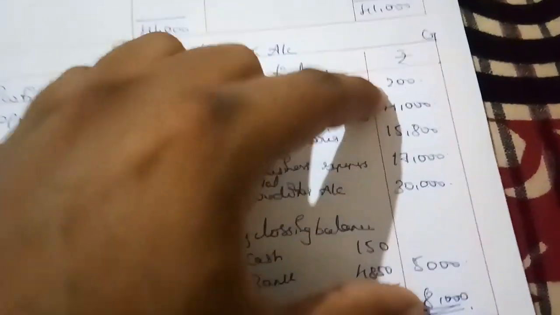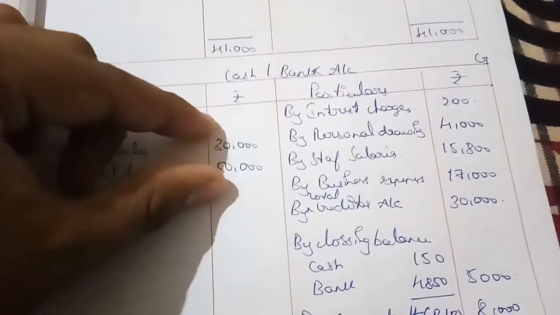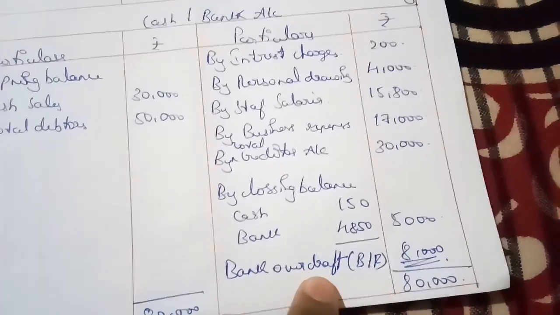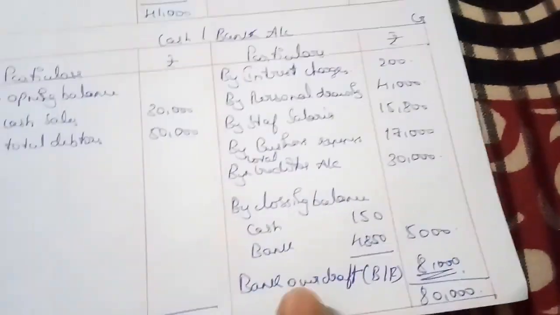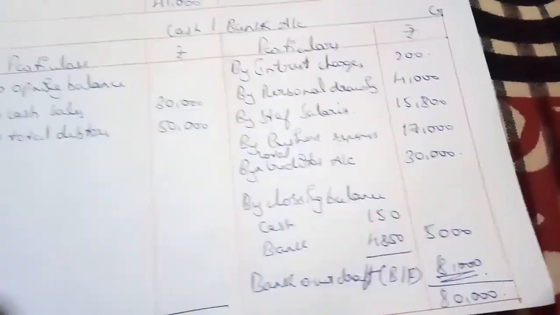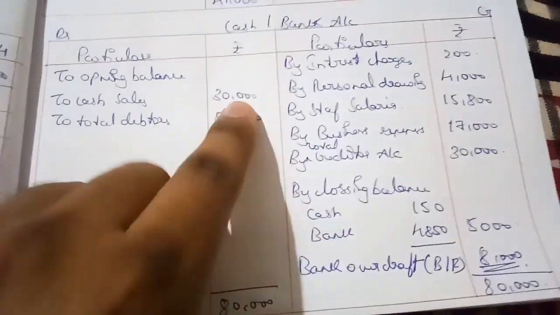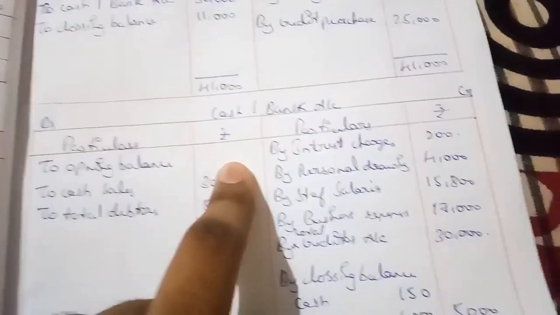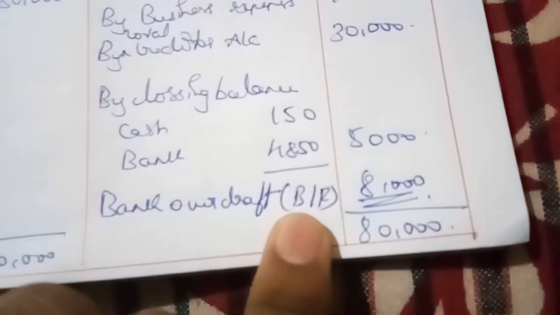And total debtors, yes, from here to here, that's it. This is a lower amount, this is a high amount, so 80,000 is the bigger amount here, so bank overdraft will come. If this 80,000 was less, then the opening balance would have been getting for us, but there is less amount in this column, so we have got bank overdraft here.